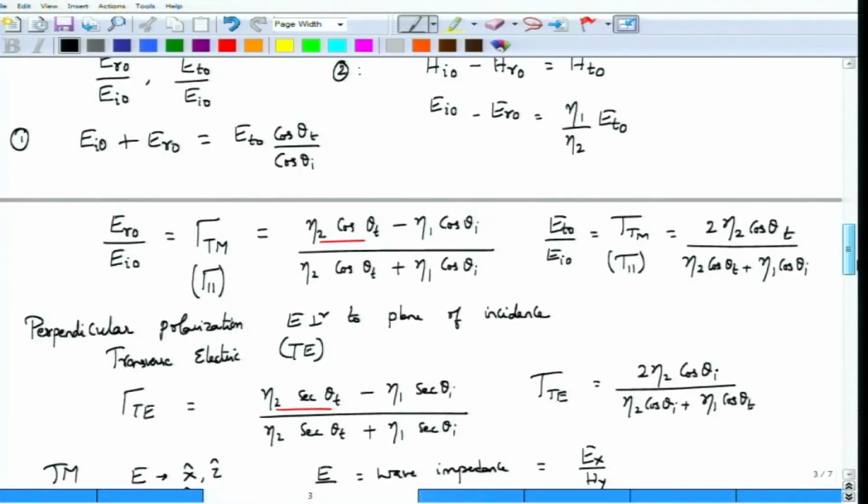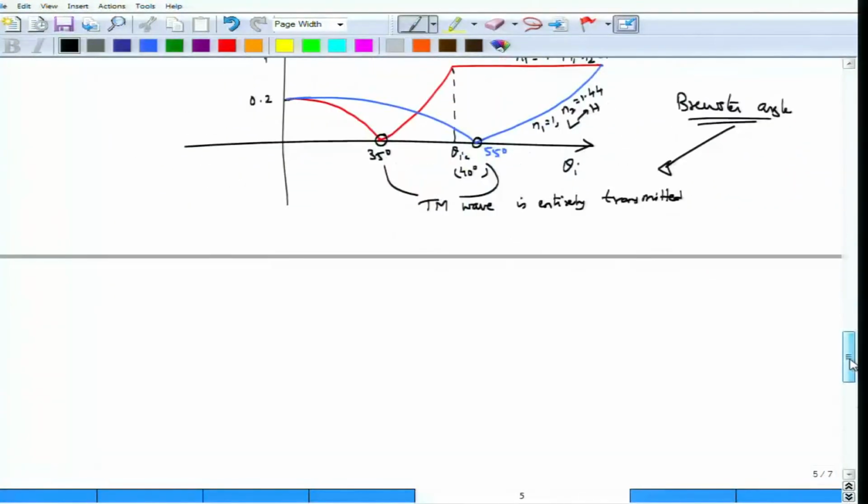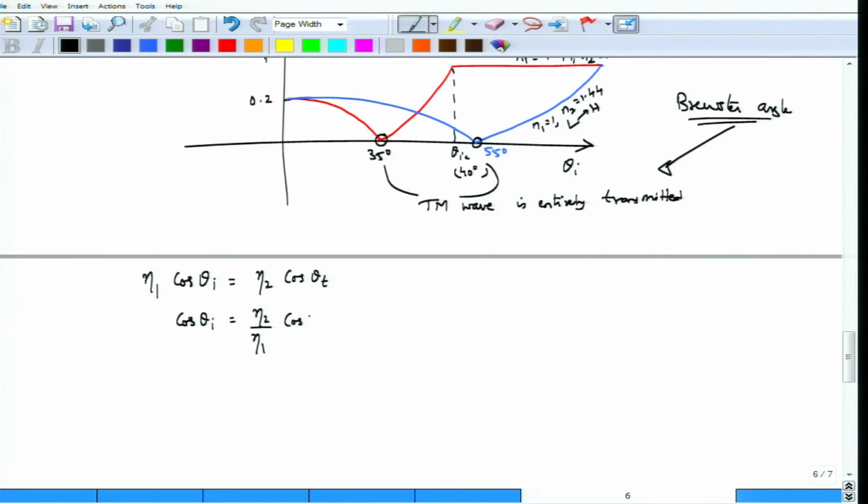Now when will the magnitude of the reflection coefficient go to 0? When this expression for gamma TM goes to 0, which means that eta 2 cos theta t must be equal to eta 1 cos theta I. So you have eta 1 cos theta I equals eta 2 cos theta t, but I already know the relationship between cos theta I and cos theta t, because cos theta I is eta 2 by eta 1 cos theta t, which can also be written as square root of mu 1 epsilon 1 by mu 2 epsilon 2 cos theta t.